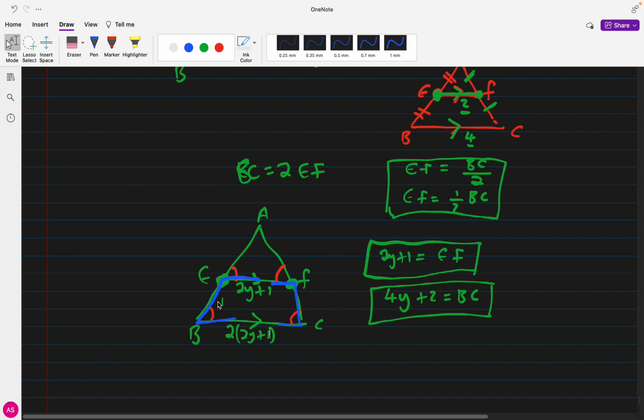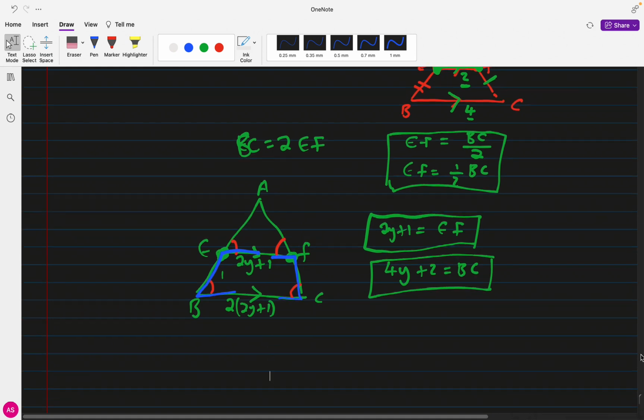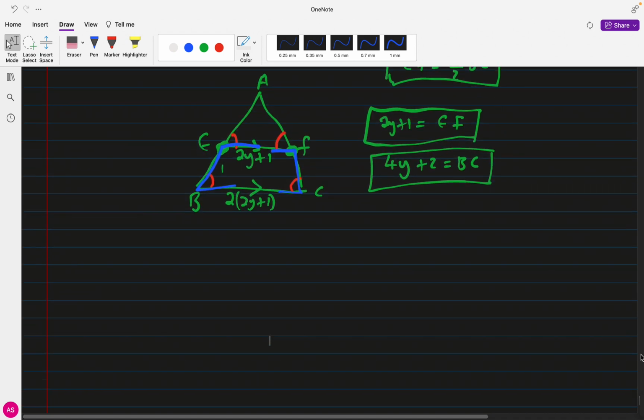But the midpoint theorem also has something called the converse midpoint theorem. Okay, so the converse midpoint theorem basically says that, okay, we are now using the opposite. Remember, in our midpoint theorem, what did we say? We said we have a line segment that is joining two midpoints, right? And that line segment is going to be parallel to the third side, okay?